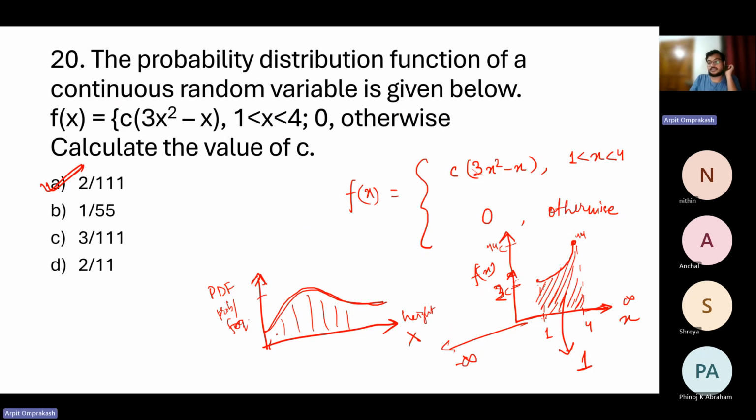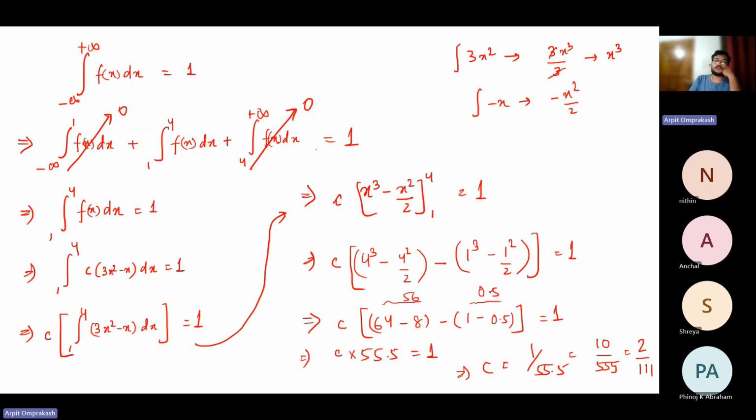So our integral basically gives us the area under the curve. We have the pattern of the curve and we are taking the area under the curve. So that area is 1, because the sum of all the probabilities for the continuous case will be 1, right? So that is basically what we have written here.